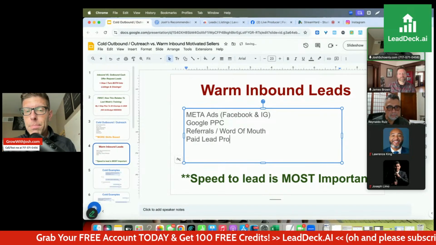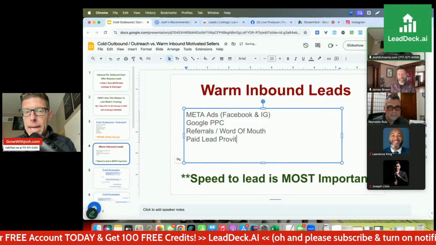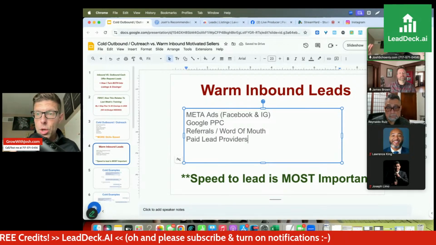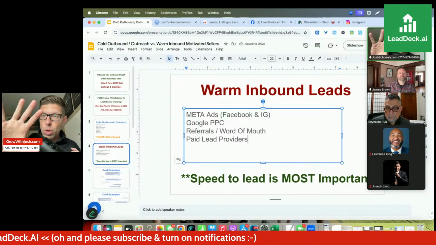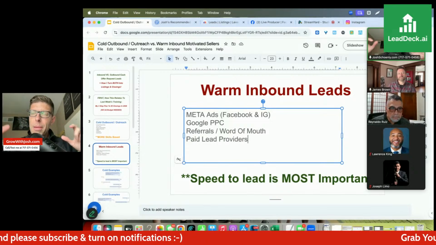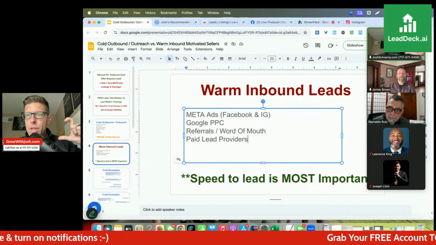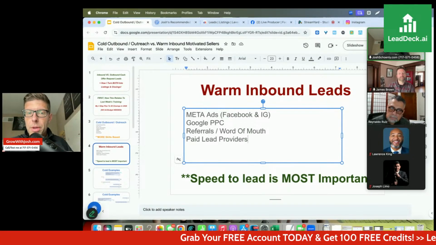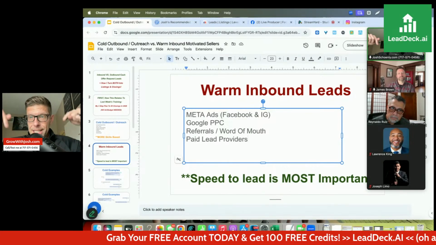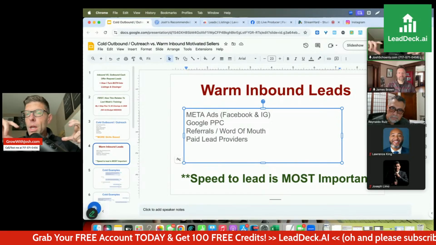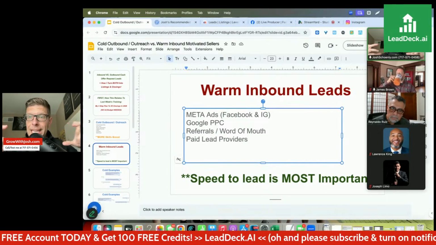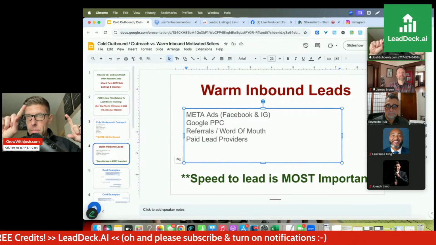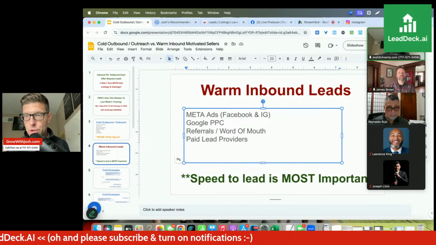Paid lead providers. And part of the resources that I have to share with everyone includes the 5 sources that I am either actively using, or have used with success and I'm not actively using for one reason or another, but 5 that I've used this calendar year that have all at least turned into one sold, pending, or active transaction.